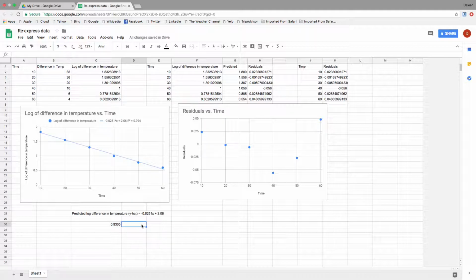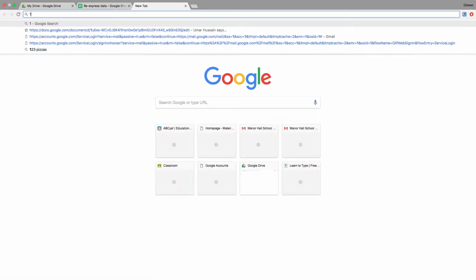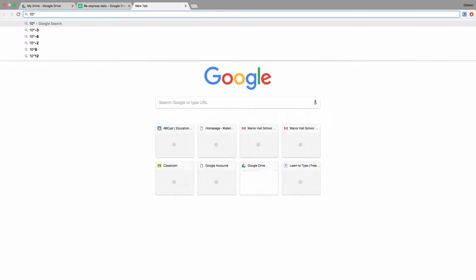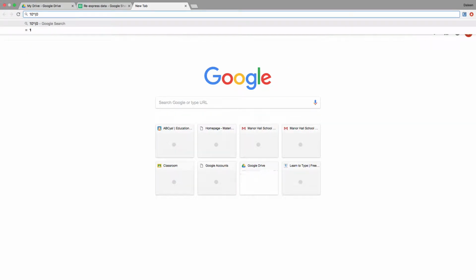The way we're going to do that, to undo the logarithm, is we're going to take 10 as the base. That's how a logarithm works. And we're going to raise it to the power of 0.9305. I'll just use Google. So I'll say 10 raised to the power of 0.9305.